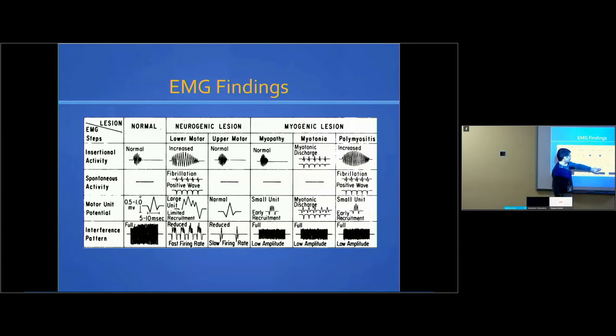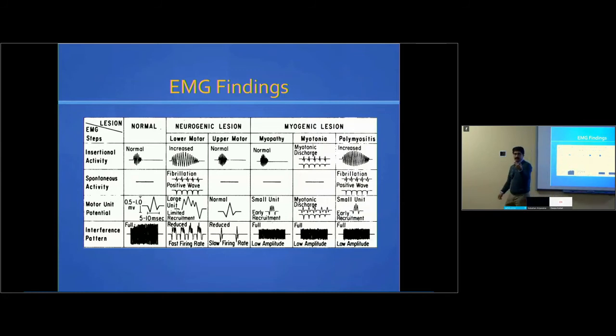In a myopathic process, they don't only become polyphasic, they become sharp and small. And then similarly, we see the same in myositis. Interference pattern, again, is when we do maximum strength testing. In a neuropathic process, not too many units are firing, and in the case of myopathy, there are too many units firing.